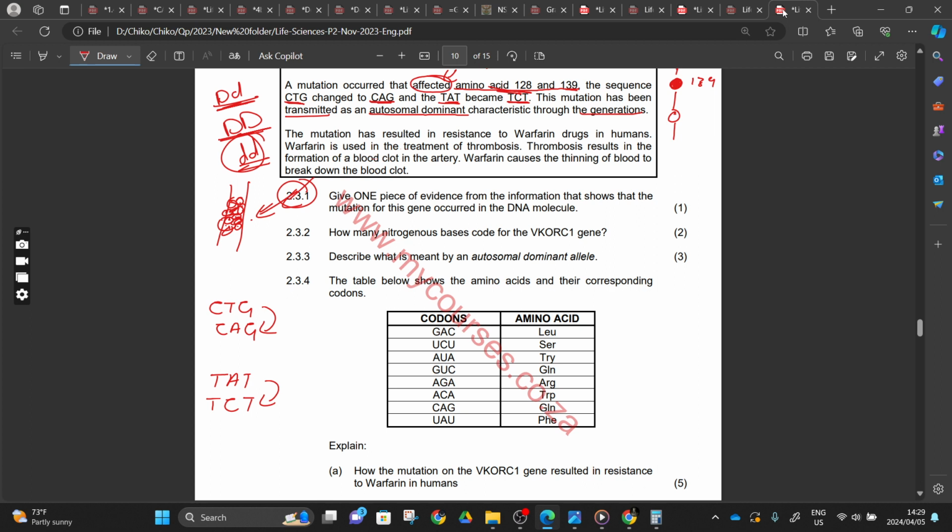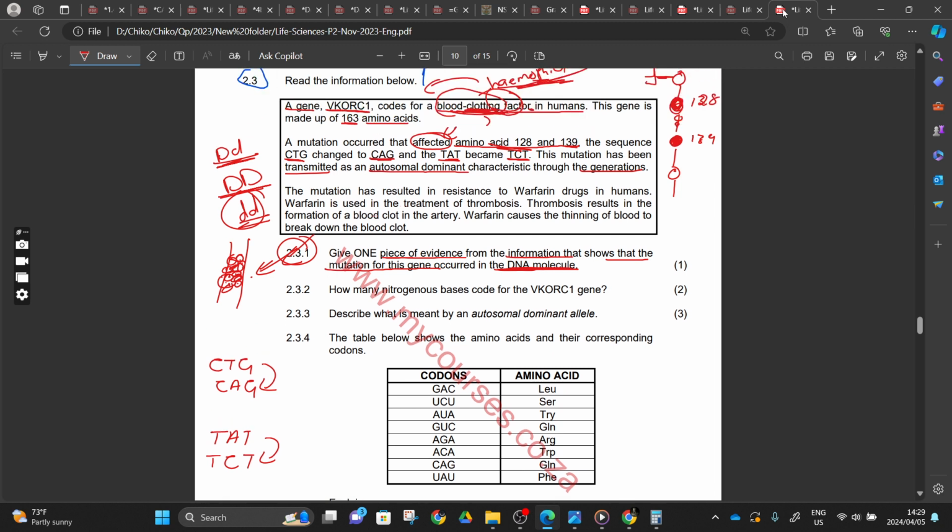So number 2.3.1, they said give one piece of evidence from the information that shows that the mutation of this gene occurred in a DNA molecule. Where are we going to find that? We are going to find it in the sequence change, right? When the sequence was changing, it means that we were having a gene mutation.